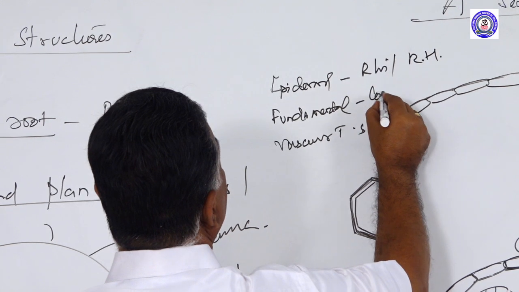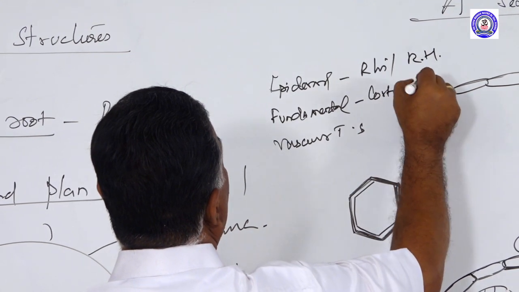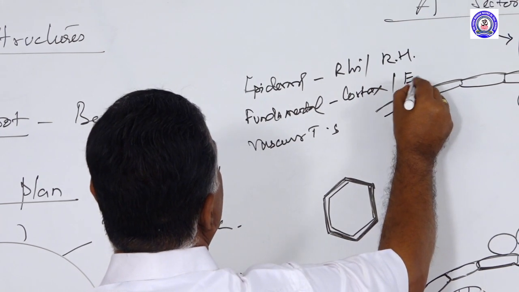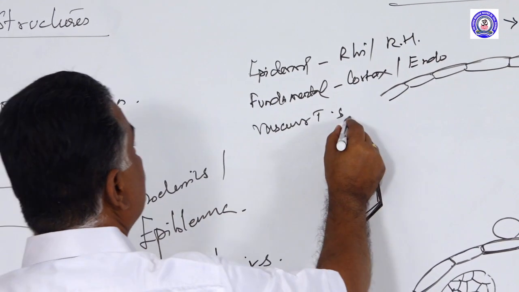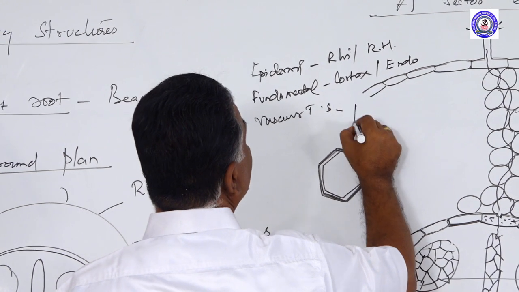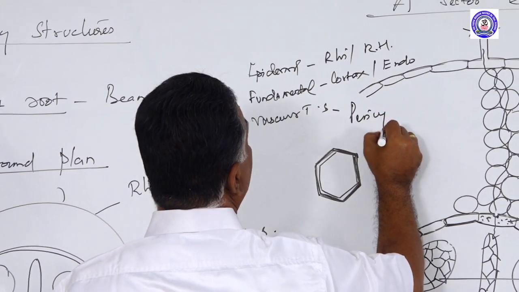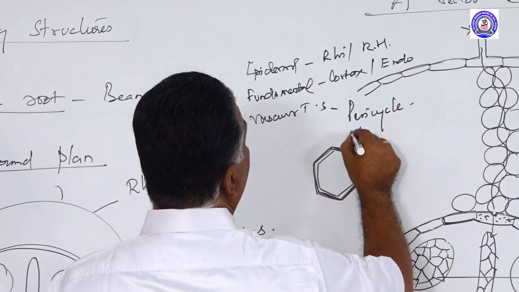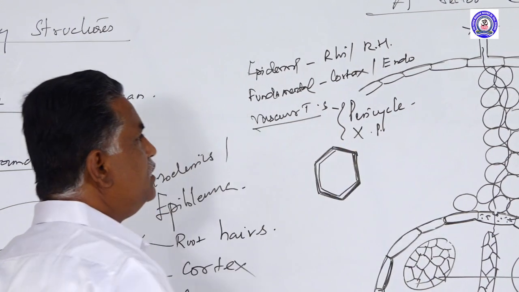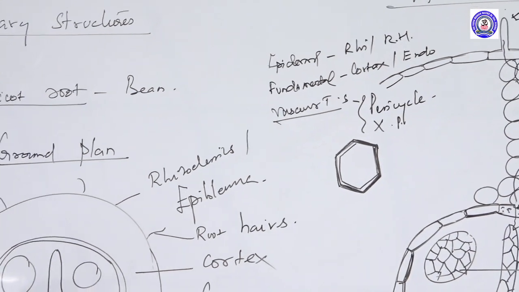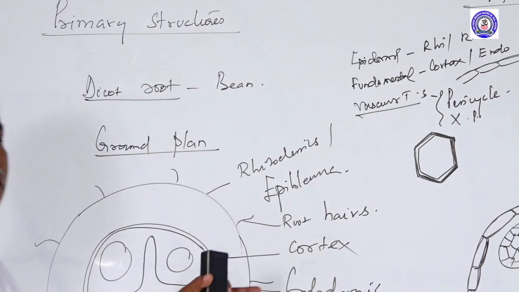Fundamental: cortex and endodermis. In the vascular tissue system, we have pericycle, xylem and phloem. So the vascular tissue system in this root consists of pericycle, xylem and phloem.